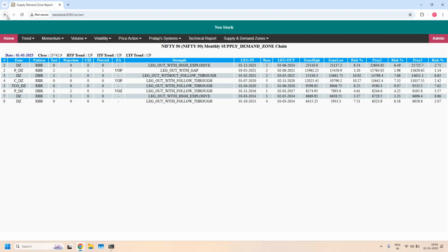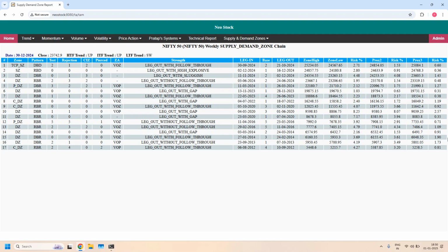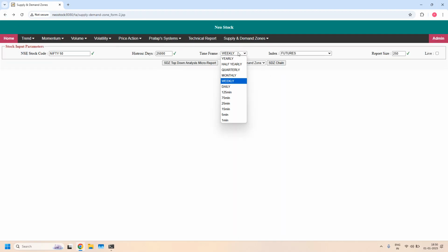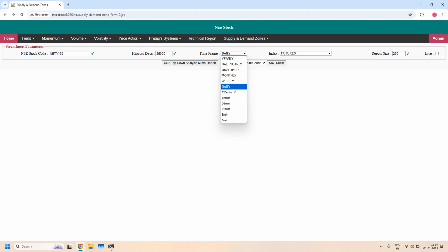Okay, next, generating weekly supply demand zone chain for NIFTY. Okay, next, daily supply demand zone chain for NIFTY. Okay, next, 125 minutes supply demand zone chain for NIFTY.